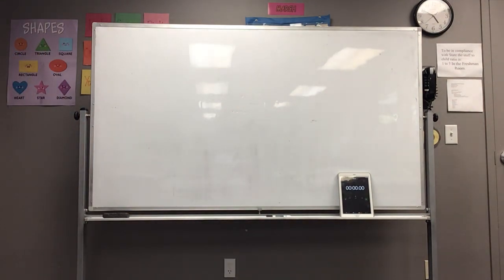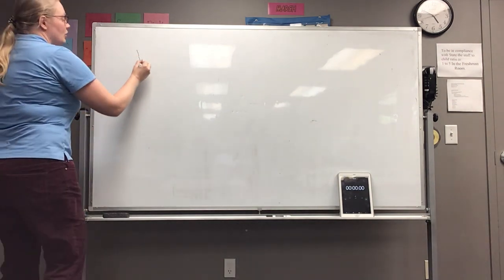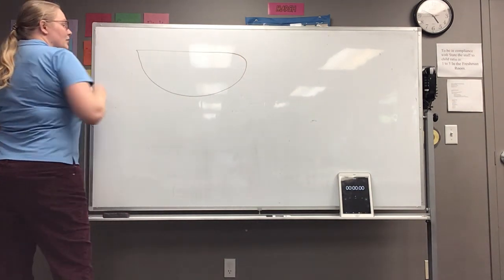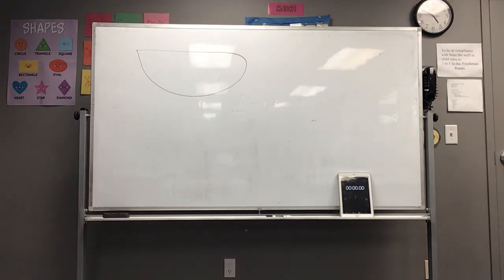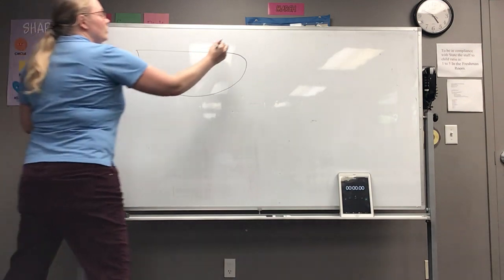All right, got time for one more. So we have a semicircle. My art skills aside, that's half a circle. And it has a radius of r inches.